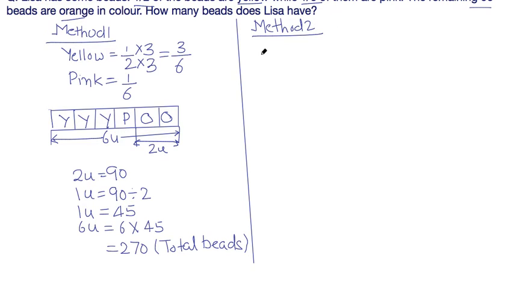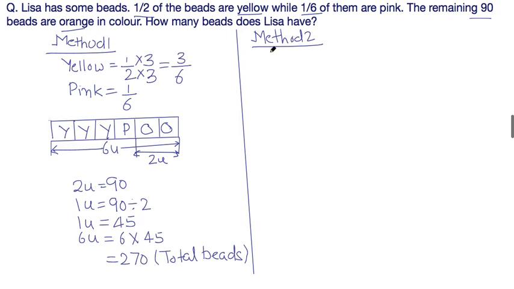Okay, so now see here. The half of the beads are yellow and 1/6 of them are pink, right? So first we can find what fraction of the total number of beads are yellow and pink. So we can write here, no need to draw the model, you can directly find it.